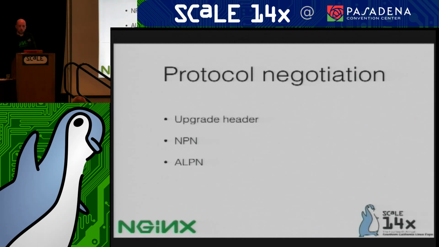There is an interesting question of how the browser knows how to initiate the connection. There are several ways of doing that. The first way of switching the protocol from HTTP 1.1 into HTTP 2 is to send an upgrade header and switch the protocol from HTTP 1 into HTTP 2 using the upgrade header functionality.